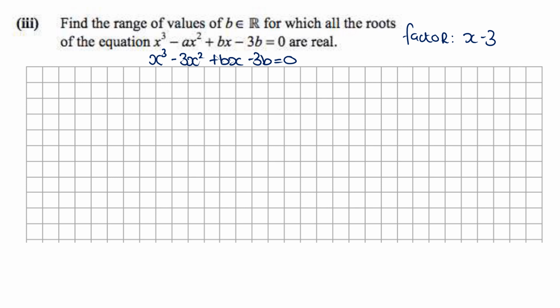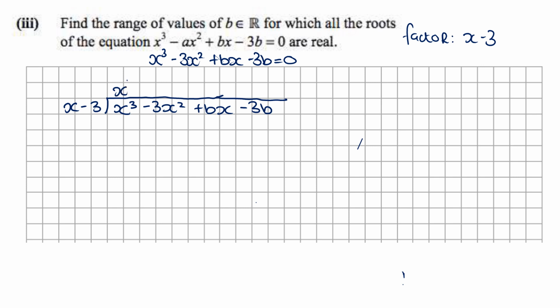So if the root doesn't work, we're going to have to use the factor. When we divide x minus 3 into this, it's going to divide in evenly, so it's going to give us no remainder.